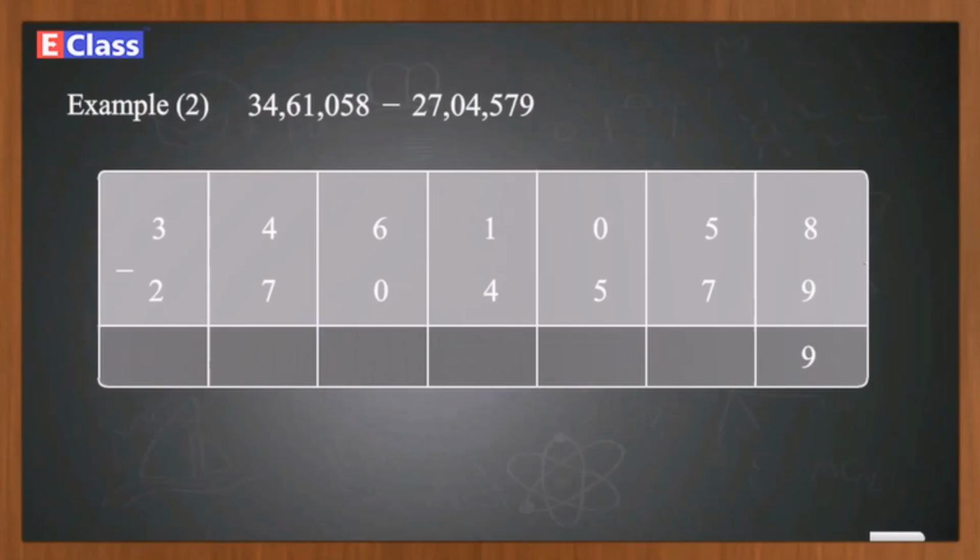Hence, we cannot borrow 100 from it. Therefore, we should borrow 1000 from the thousands place. After taking 1 from the thousands place, 0 will remain at the thousands place, and after untying that borrowed 1000 into 10 hundreds and adding it into the 0 hundreds of hundreds place, we get 10 hundreds at hundreds place.